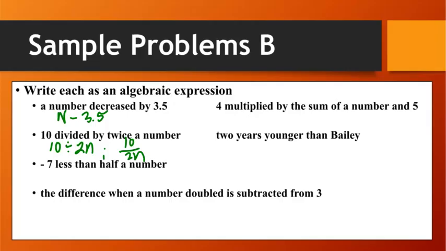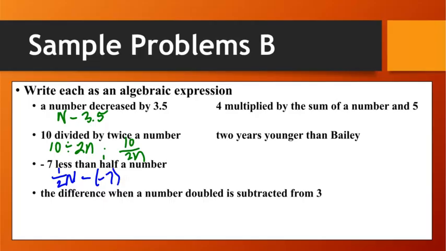Next, I have negative 7 less than half a number. So if I have half a number, so it's half n, less than means I'm subtracting a negative 7. So that's one way you can write that. Next one, the difference when a number doubled is subtracted from 3. So the difference is a subtraction problem.